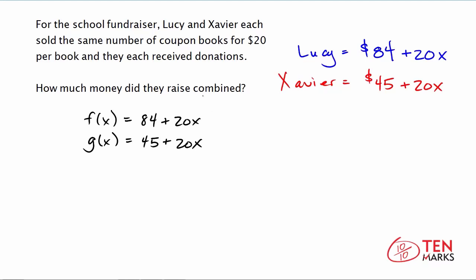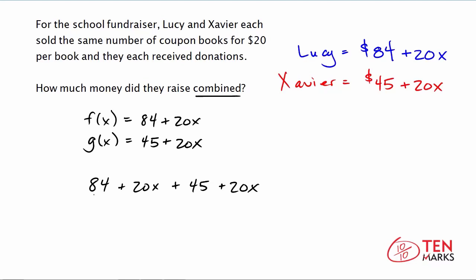Now we want to find how much they raised combined. So both of these functions are linear. What we can do is add the two functions to find the total amount of money that they raised. So let's just write these together. It would be 84 plus 20x plus 45 plus 20x. Now what you can do is combine like terms.